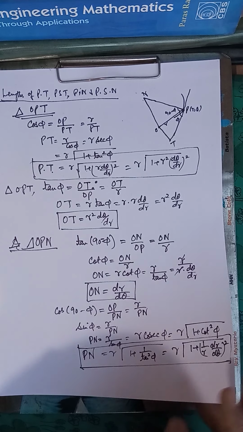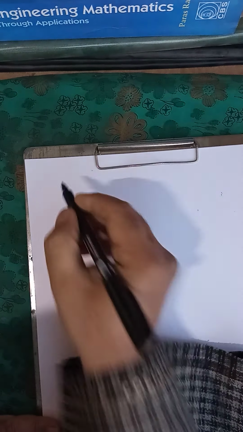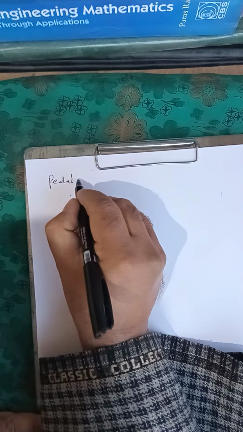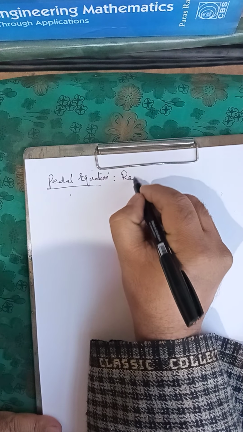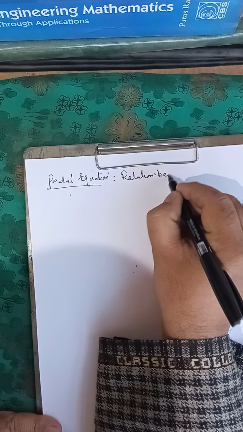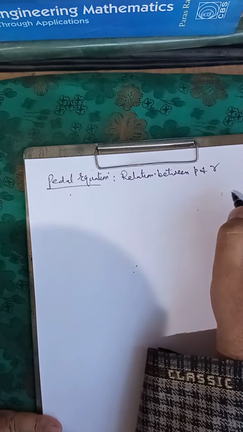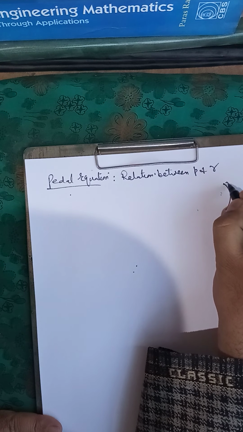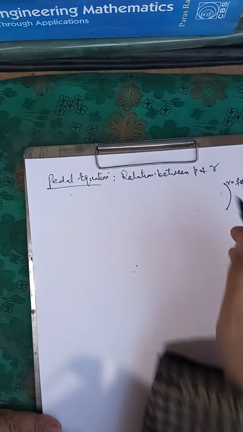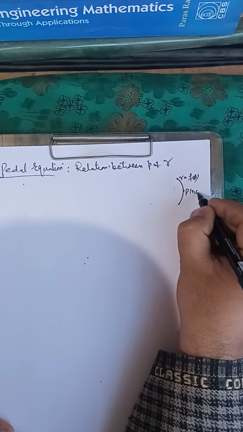Let me take one more article, that is the relation between p and r, known as the pedal equation. A relation between p and r. What is p and what is r? r you already know. If this is the curve r equal to f of theta, this is the point P(r, theta).